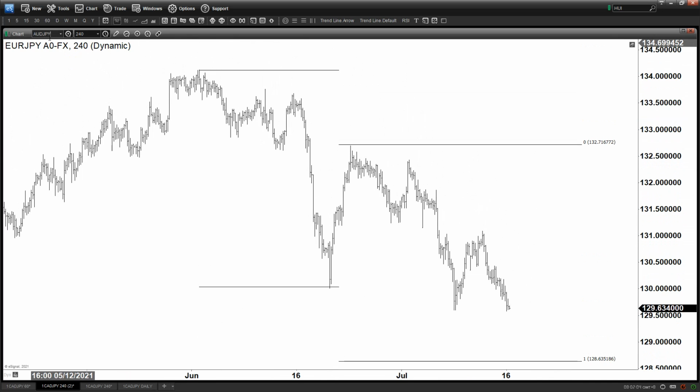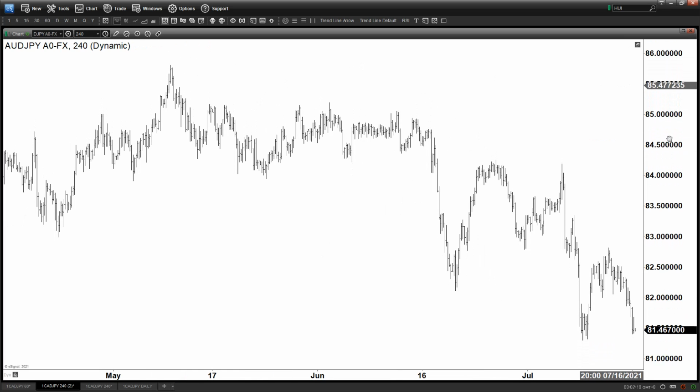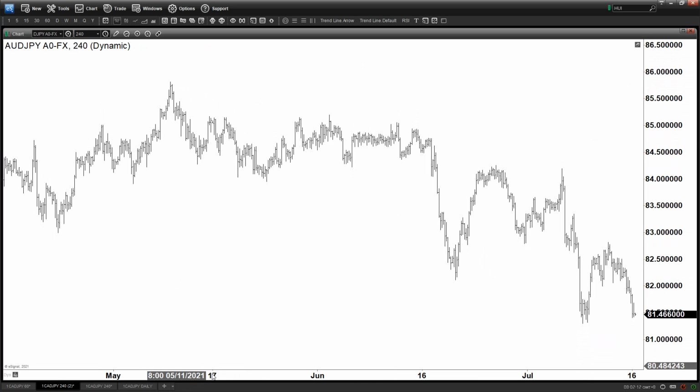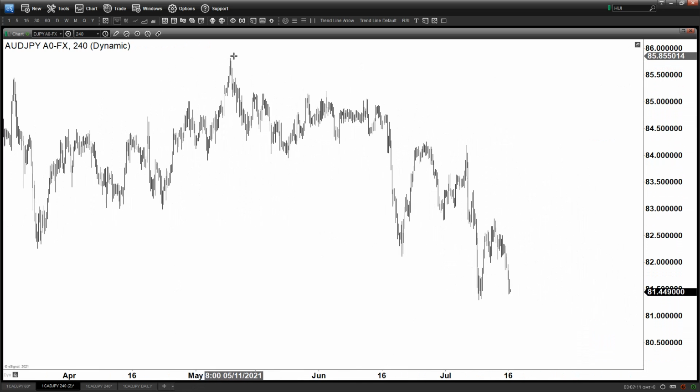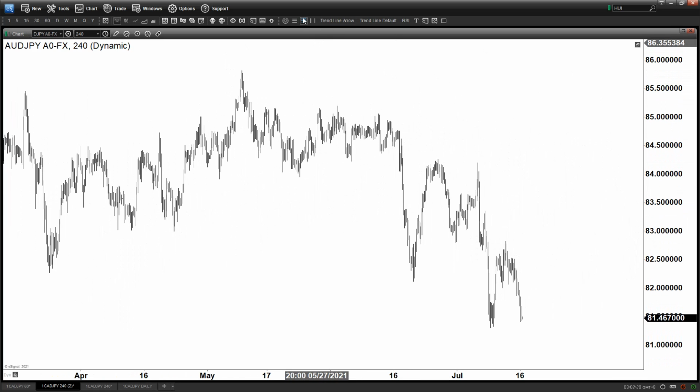Let's say if you take a look at Aussie yen from the same peak, June 1st, this is where we use correlation to help us forecast using Elliott Wave. So we don't just use Elliott Wave, we take into consideration the entire market.